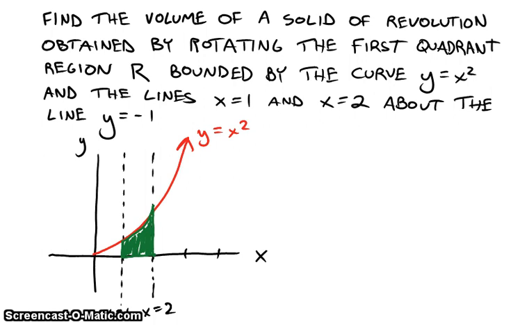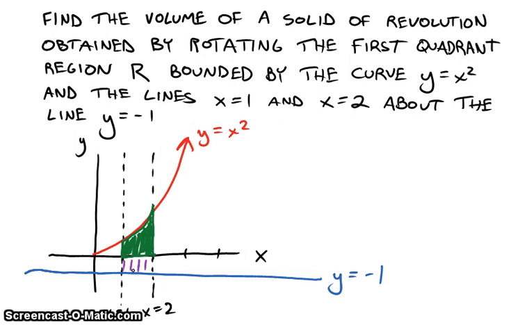Now, unlike the last problem in the last video, we are not going to rotate this around the x-axis. Instead, we're going to rotate this around the line y equals negative 1. So there's a gap between the shape that we're rotating and the axis of rotation, as we'll call it.